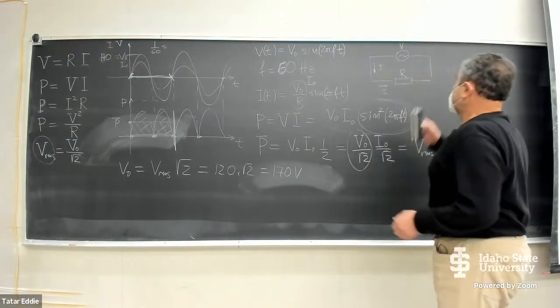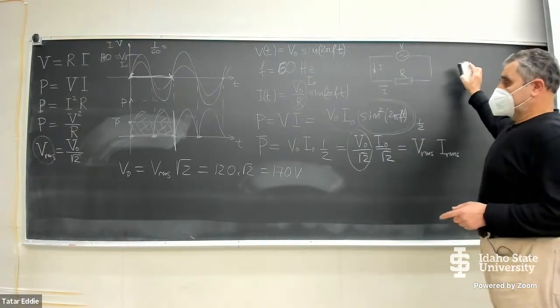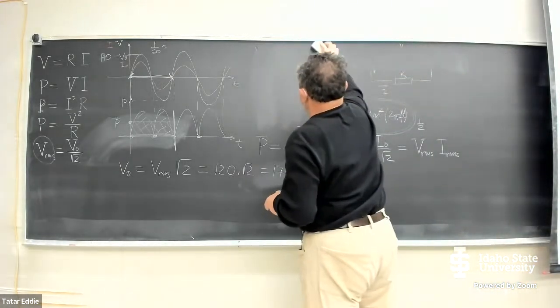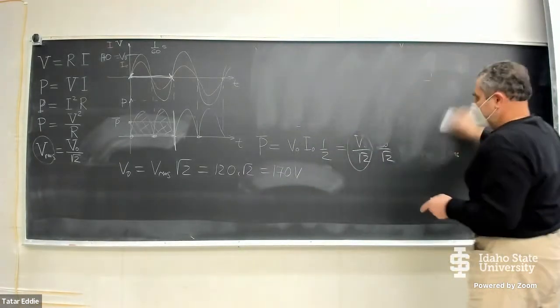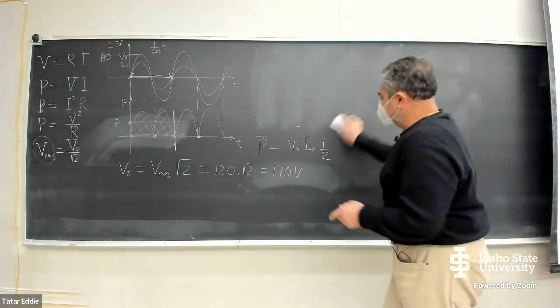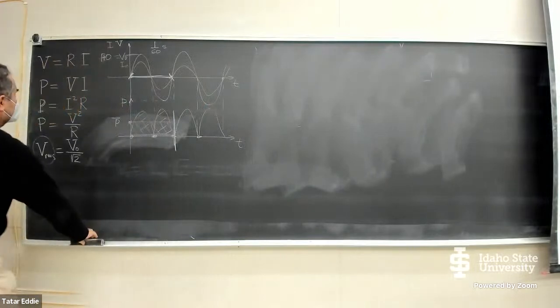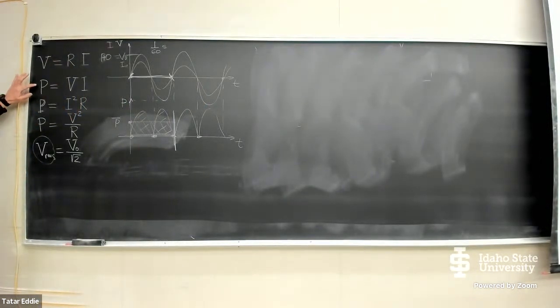Well, let's see. So let's go back to DC circuits. We need some of those results, but I'm just going to copy the results like this. So we just got an expression for the average power in a DC circuit.